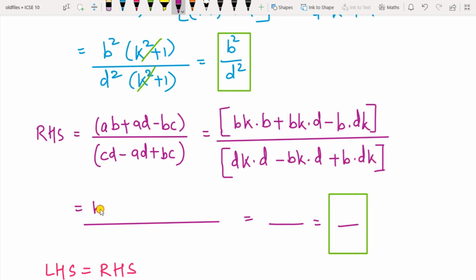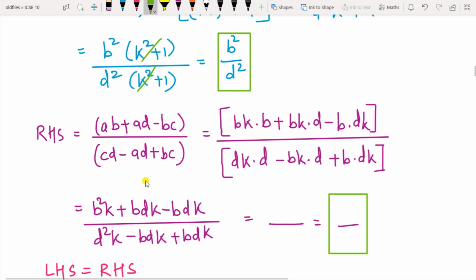Okay, so this will be b square k plus b dk, write in alphabetical order, minus b dk upon d square k minus b dk plus b dk.